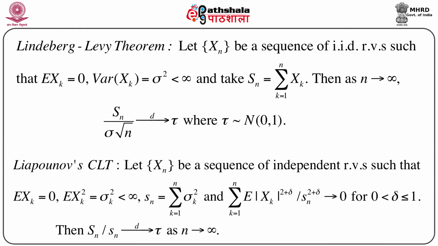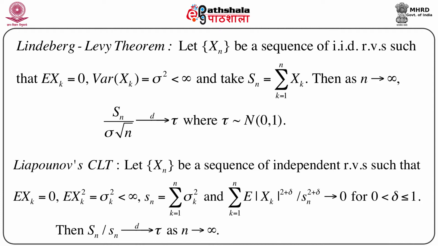Let us suppose that Xn is a sequence of independently and identically distributed random variables such that expectation of Xk equals 0 and variance of Xk equals sigma squared, which is less than infinity. That means here we are assuming the existence of the second order moment of each of the random variables.